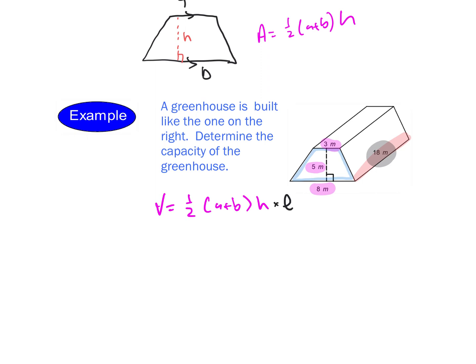So that's our volume formula for this. We find the area of the front, which is a trapezoid, a common figure, and we're going to multiply that area by the length.